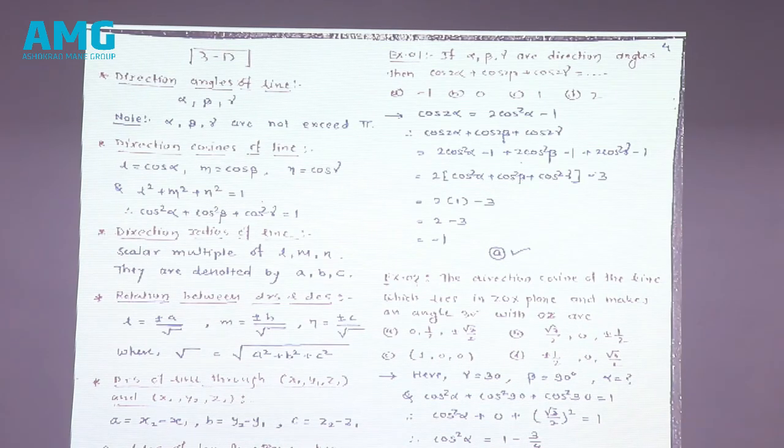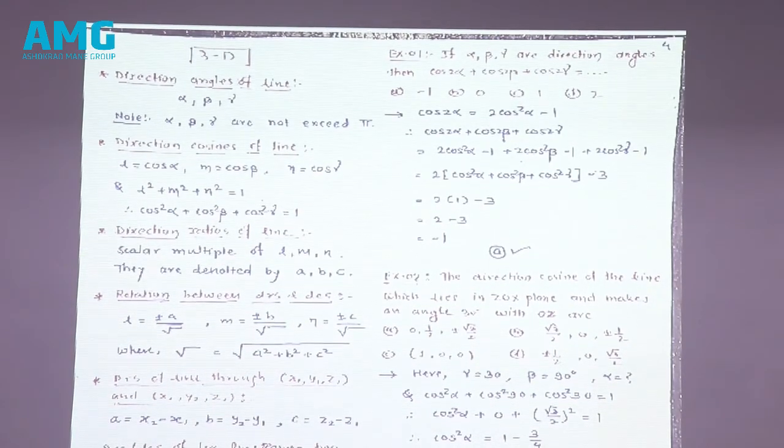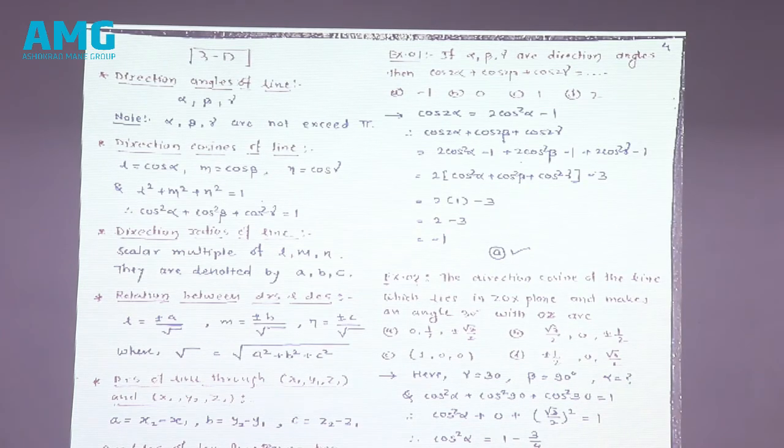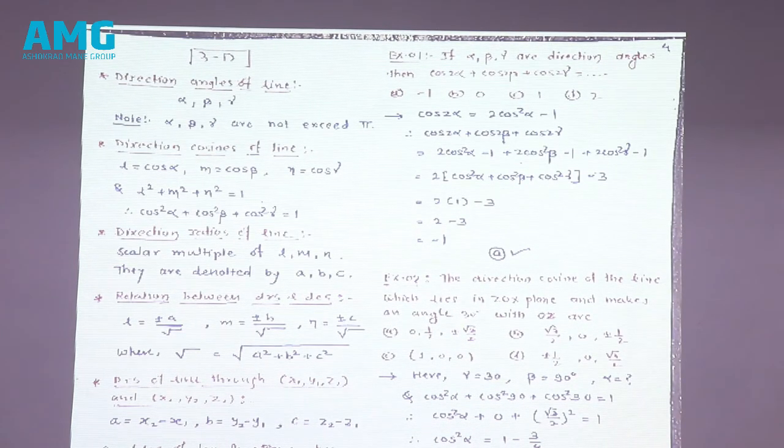Firstly, we concentrate on cos 2 alpha. There is no formula in 3D directly related to cos 2 alpha, therefore we convert cos 2 alpha = 2 cos² alpha − 1. So cos 2 alpha + cos 2 beta + cos 2 gamma = (2 cos² alpha − 1) + (2 cos² beta − 1) + (2 cos² gamma − 1).